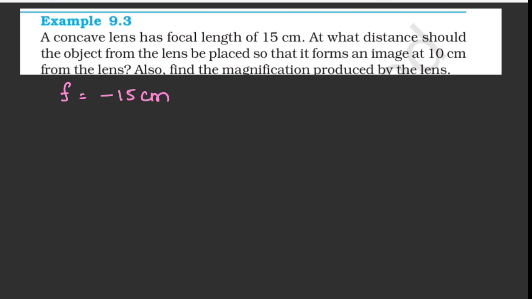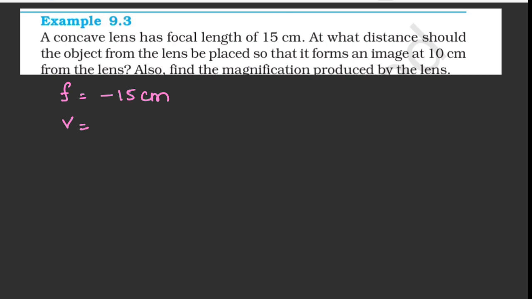Then what else is given? At what distance should the object from the lens be placed so that it forms an image at 10 centimeter from the lens? Here you have to calculate the object distance, and the image distance is given as 10 centimeter. Image distance means it is v.